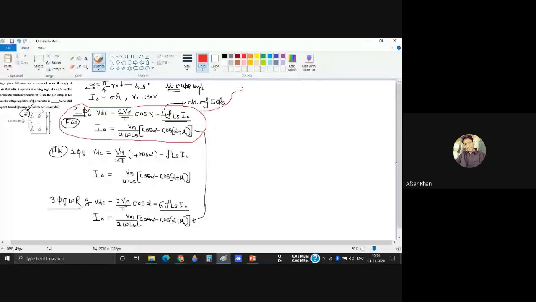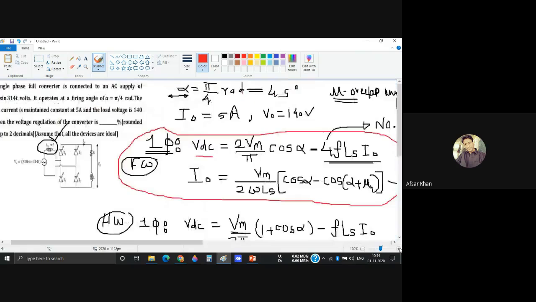What do we have to calculate here? We have to calculate percentage regulation. I will tell you very simply. Percentage regulation is nothing but, suppose this is your output, VDC equals twice Vm by pi cos alpha.